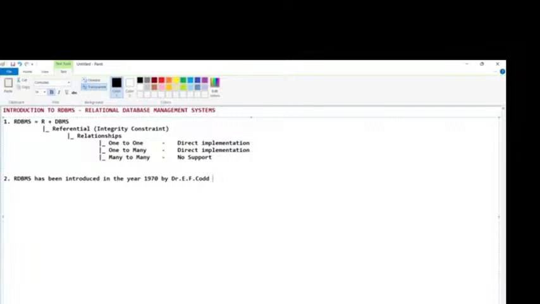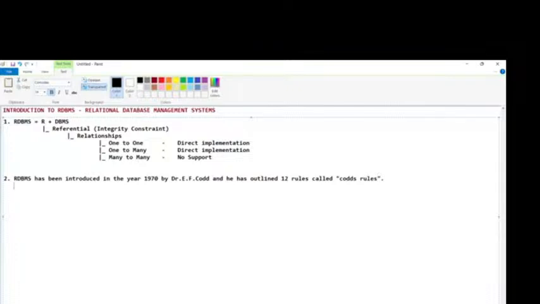Who introduced it? Dr. E.F. Codd. And he outlined 12 rules called Codd's rules.